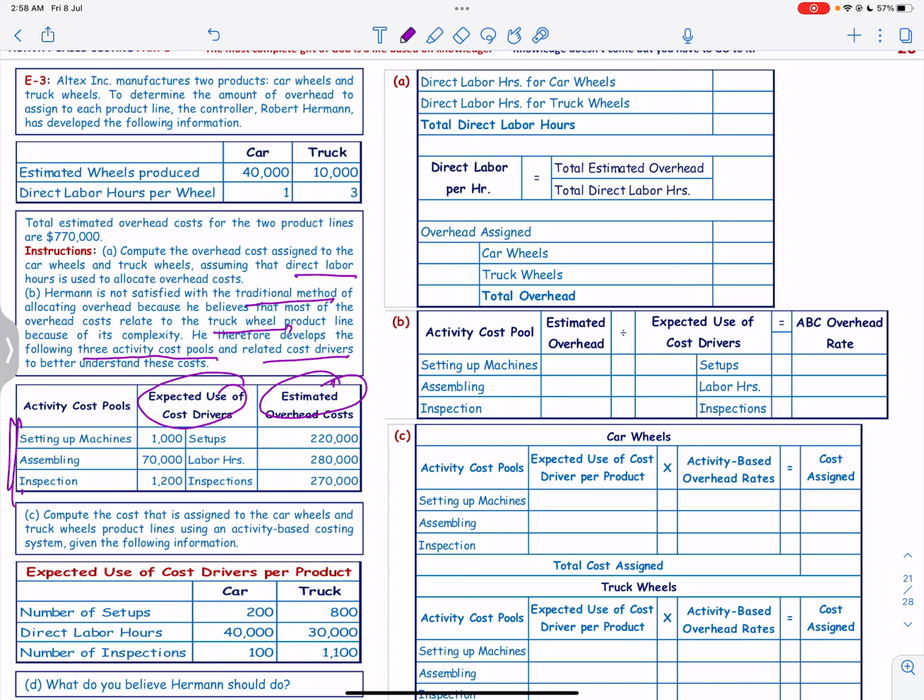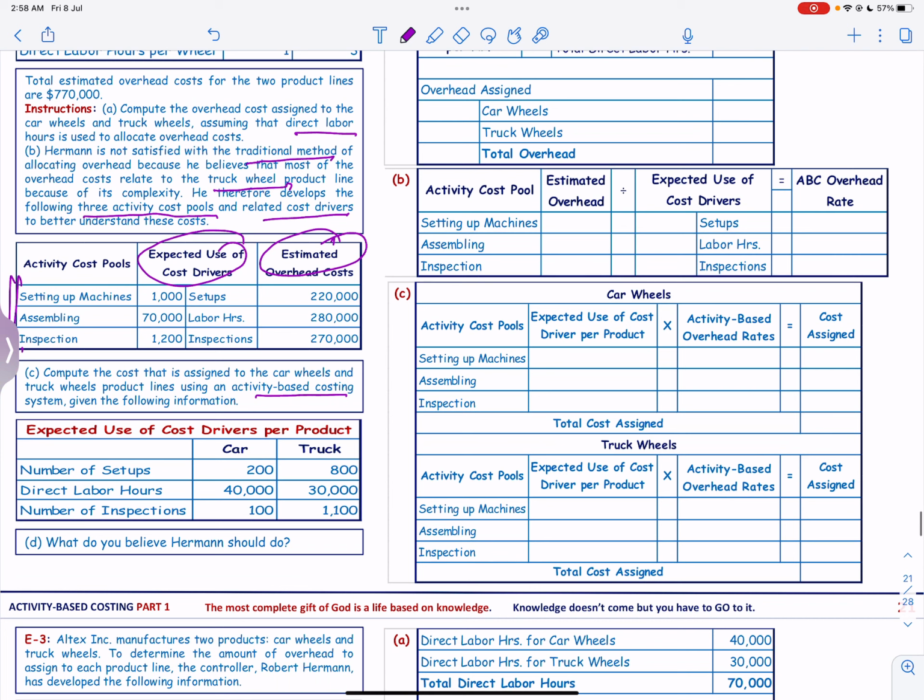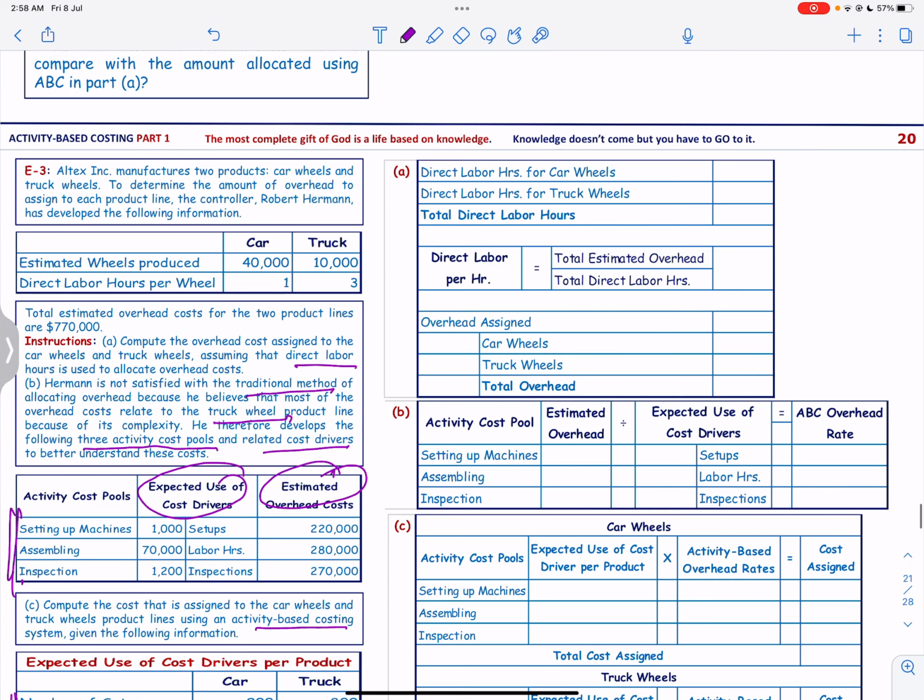That's how the cost has been allocated, and then they say compute the cost that is assigned to the car wheel and truck wheel product lines using an activity based costing system given the following information. For car and truck, this is how the activities have been distributed. What do you believe Herman should do? Okay, so let us look into it.